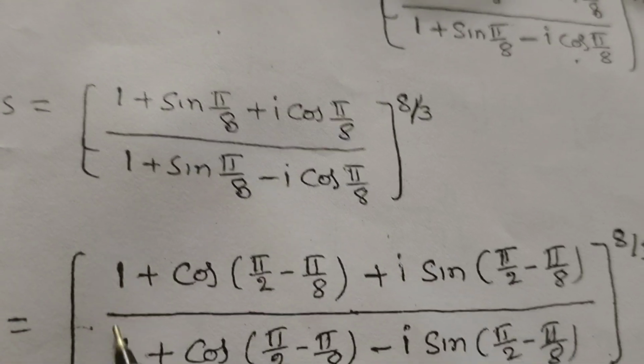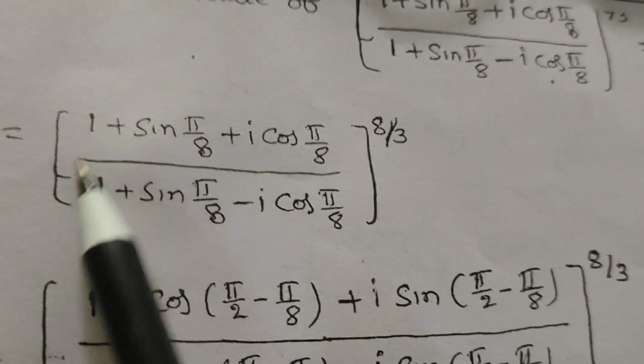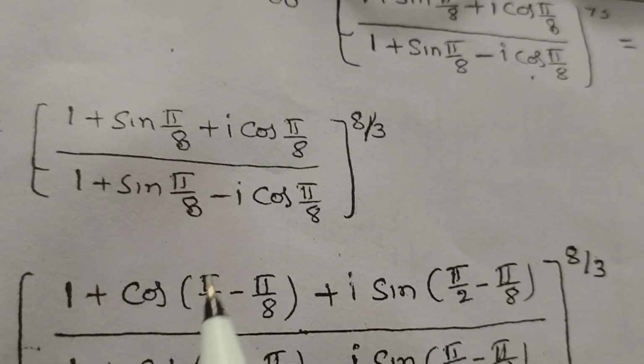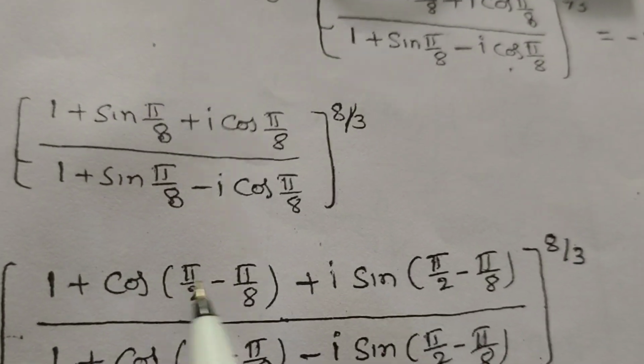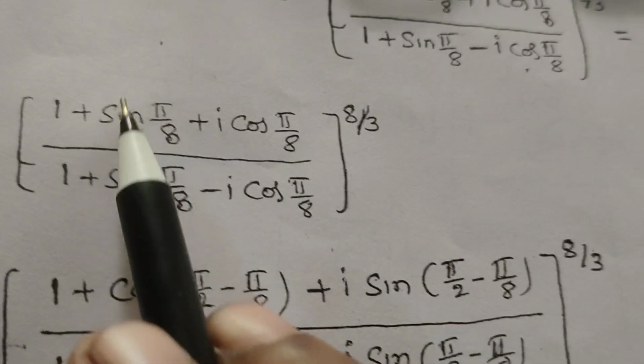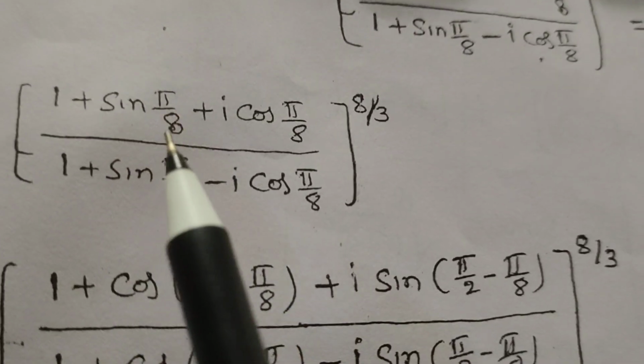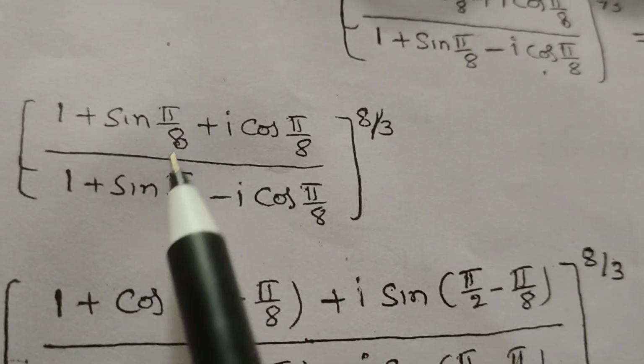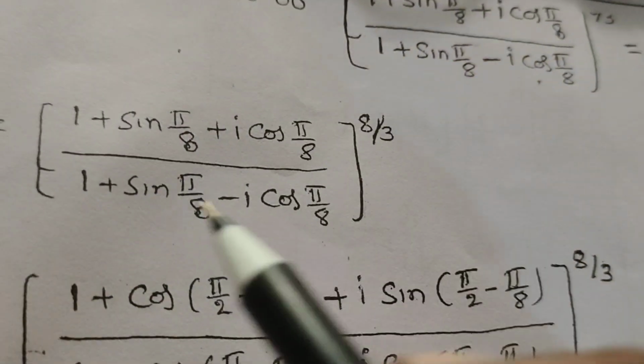Next, in the numerator, applying the angle formula, in place of sin π/8 we write cos(90° − θ), considering θ as π/8.